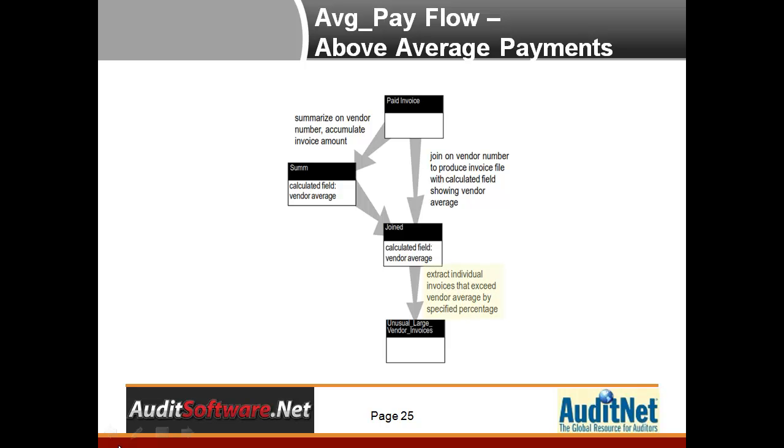And then I will extract invoices that exceed a multiple of whatever the user put into the system, and it will then calculate that multiple and say, this invoice in the paid file is, let's say, 5 times greater than the average for that vendor. So I find this to be a very powerful test in that you can identify the above average payments by vendor and very quickly get to ones that just look strange.